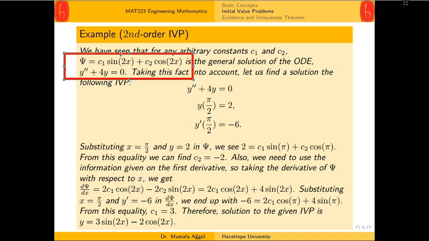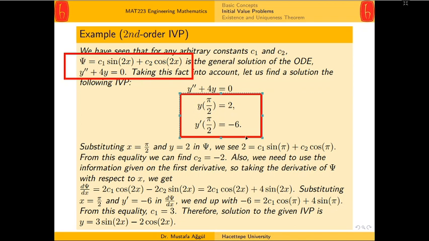So here we have the solution to the ODE. But if we make it an initial value problem, so if we have initial conditions for this problem, then what really happens? We need to substitute, for example, pi half for x and 2 for y in the solution, to see what we really get for C1 and C2.